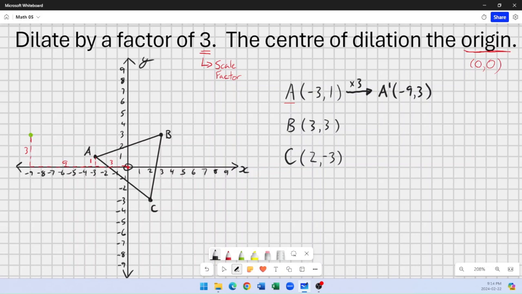The same thing will go for B and C. We can think about point B as 3 units right and 3 units up. Those are my distances, but again, the scale factor says multiply it by 3.